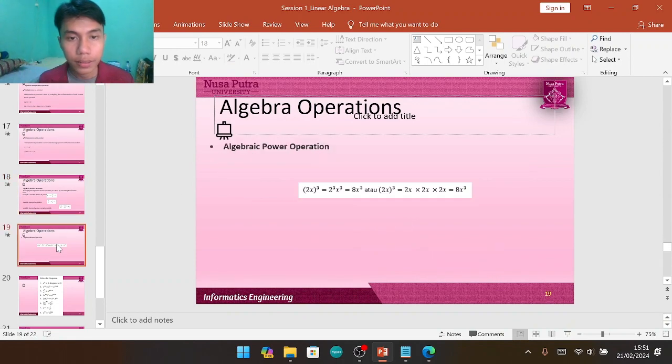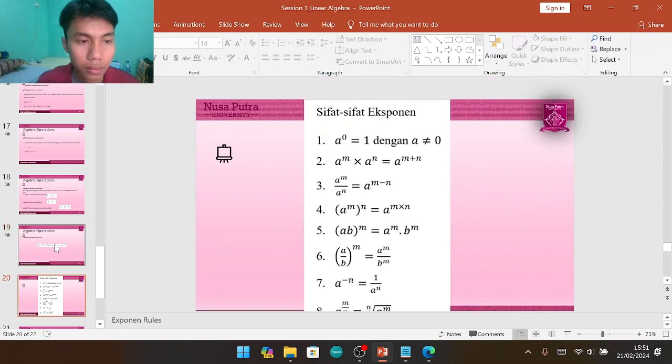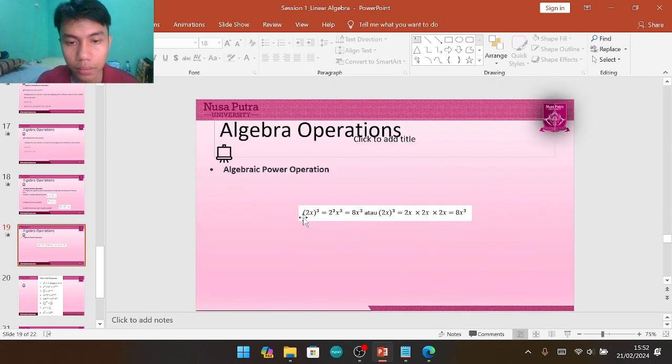Next, algebraic power operation. 2x in parentheses, power by 3. So it can be 2 power 3 and x power 3, equal to 8x power 3. Or it can be like this: 2x multiplied by 2x multiplied by 2x.